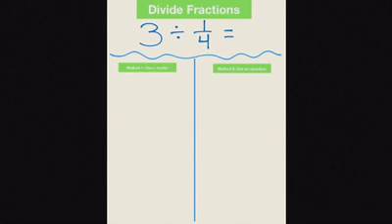Okay. And the first thing we're going to do is just go ahead and write our division problem, which remember was 3 divided by, let me just double check, 3 divided by 1/4.